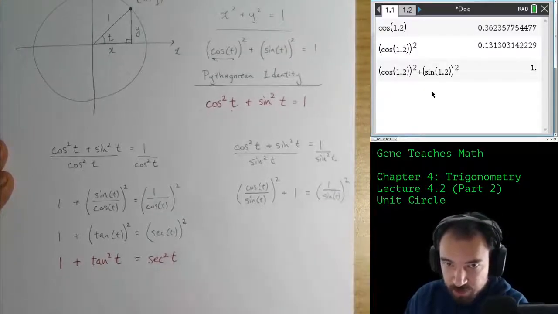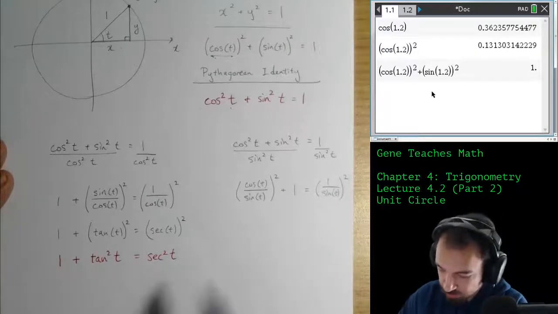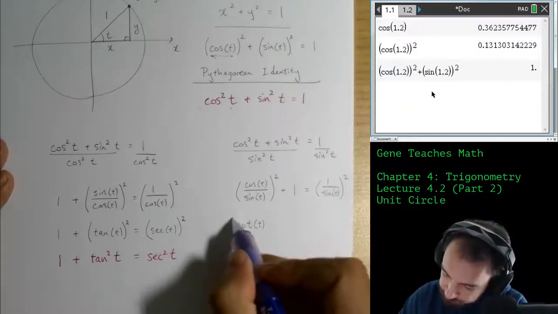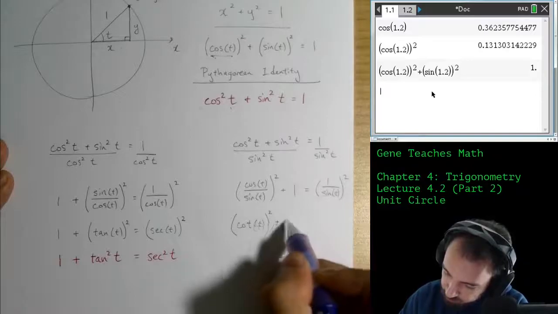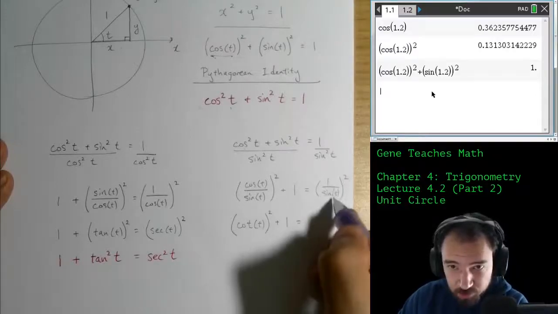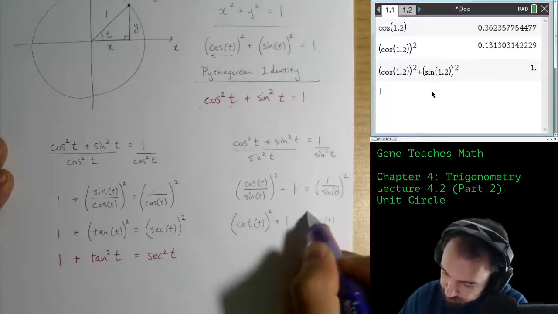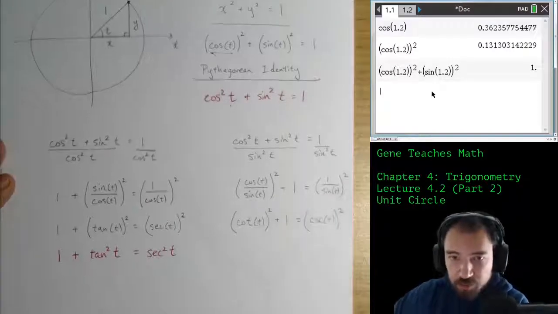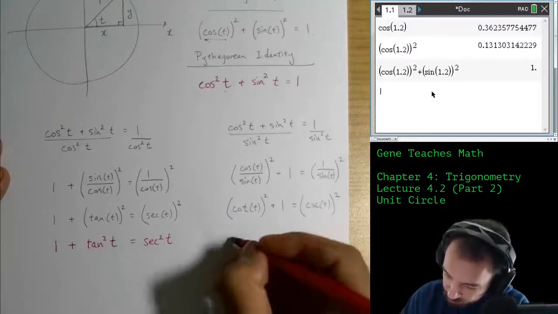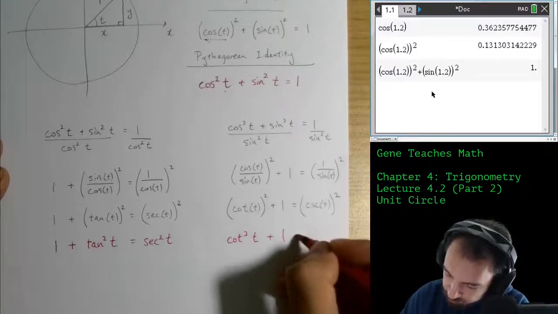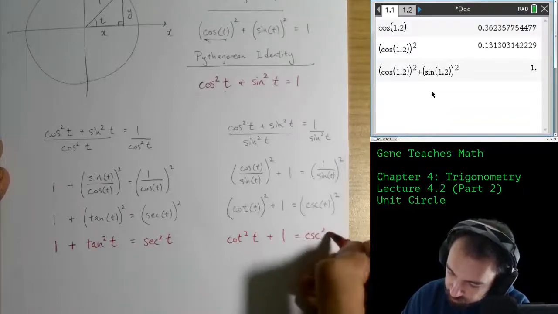This we recognize as the reciprocal of tangent, also known as cotangent. So this is now cotangent of t squared plus 1 equals, this is the reciprocal of sine, which is cosecant, so cosecant of t. We'll square this, and then we'll write this in shorthand. So cotangent squared t plus 1 equals cosecant squared t.